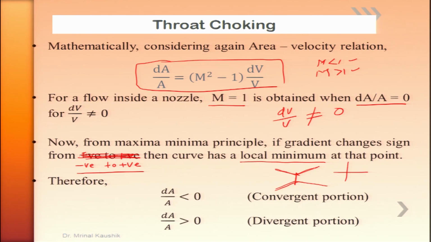Moreover, when we draw the tangent in the divergent portion, we find it positive. Then mathematically we can see clearly that due to the change of slope from negative to positive, there exists a local minima, and that we call the throat.